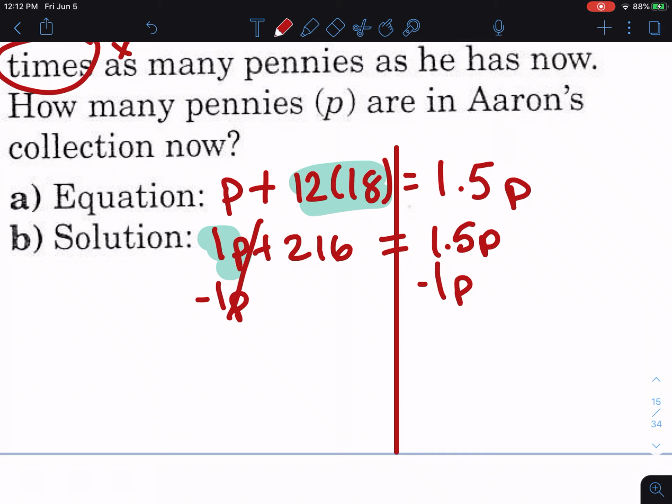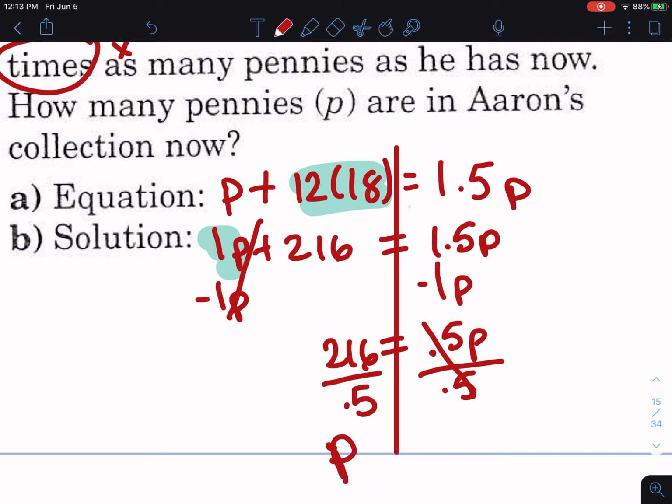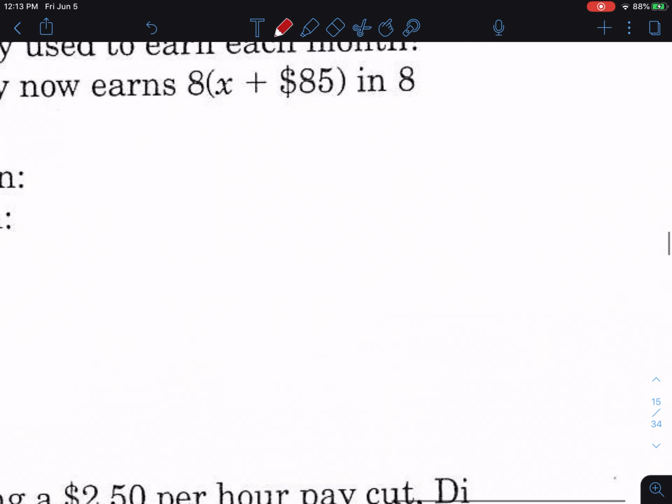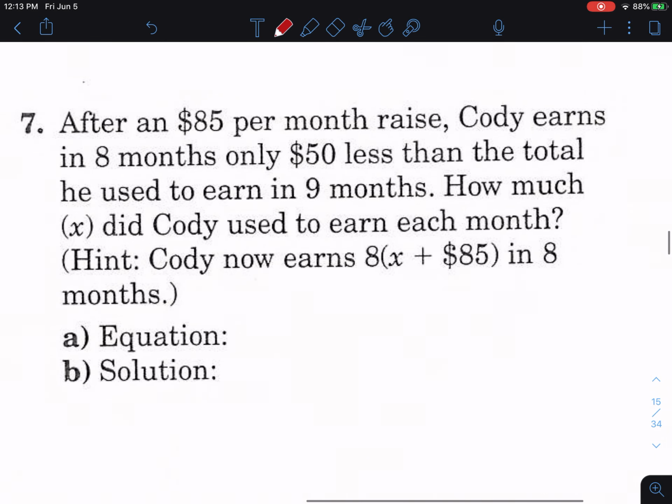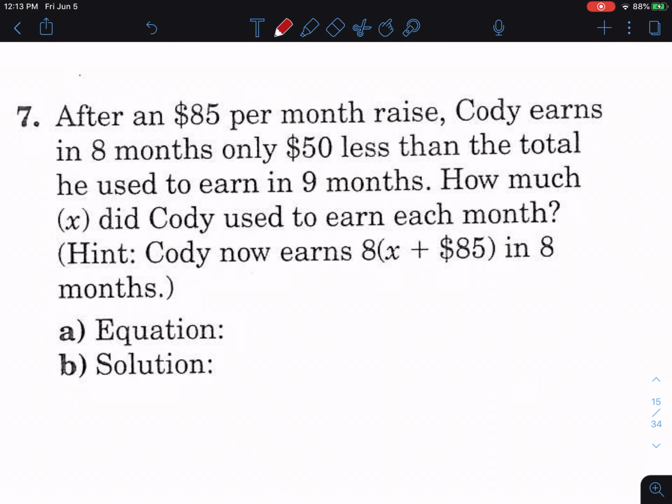Left just going to cancel out. So I have 216 equals 1.5P minus 1P is 0.5P. Going to divide both sides by 0.5. Cross out, so then P equals 216 divided by 0.5, and that'll give me 432 pennies. $4.32, huh?